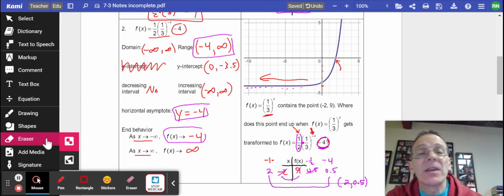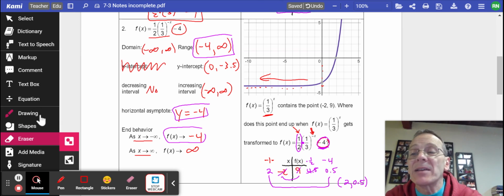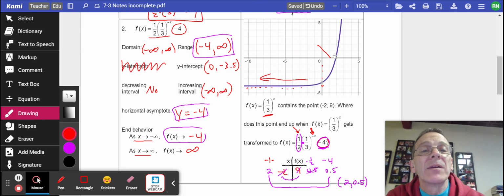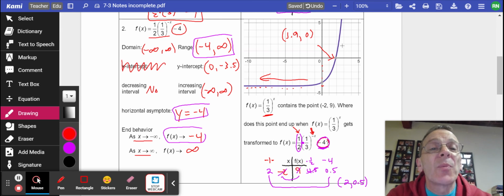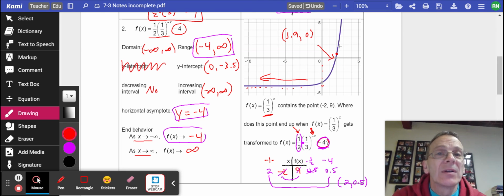It looks like it is ever so slightly less than x equals 2, at about 1.9. You can see that gray dot is not quite at exactly 2. So 2, 0.5 right there. That looks right to me. So there's that transformation.